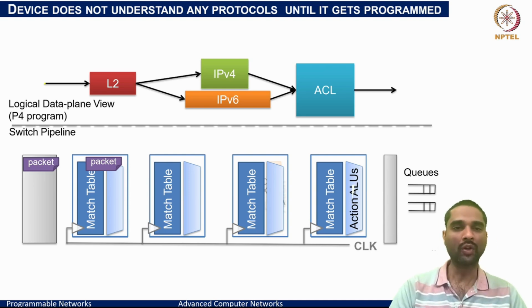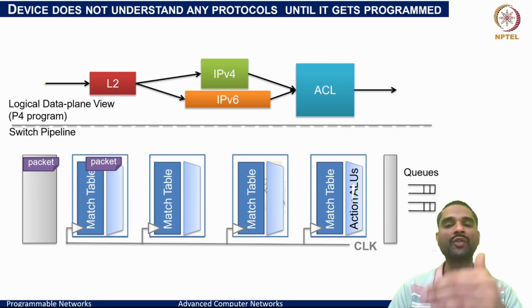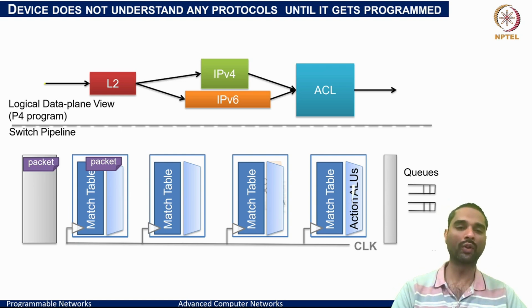And thus, because the devices now do not understand any protocols until they are really programmed, that's why they become protocol independent. And thus, defining the set of protocol now vests with the programmer to say how you would want the match to take place.